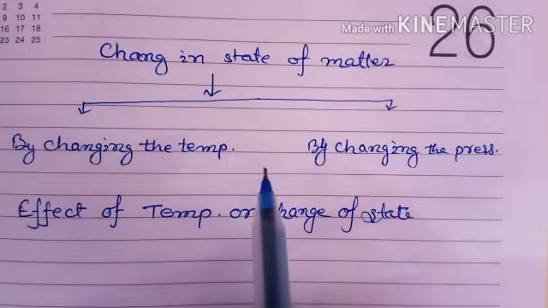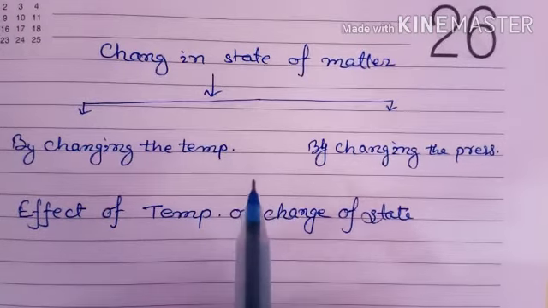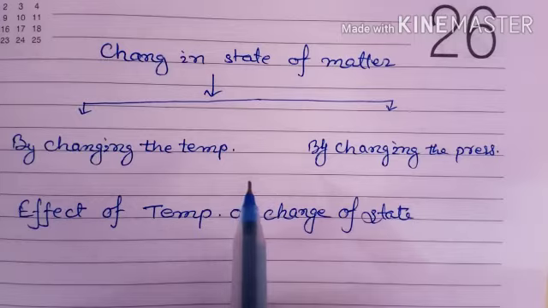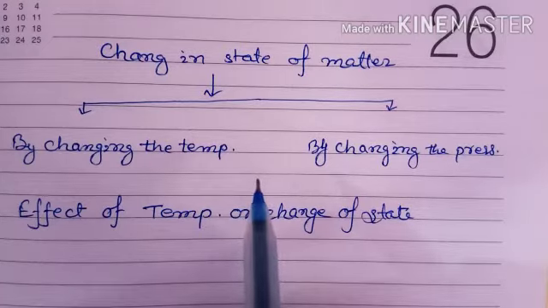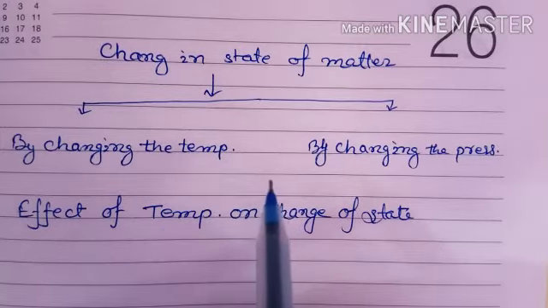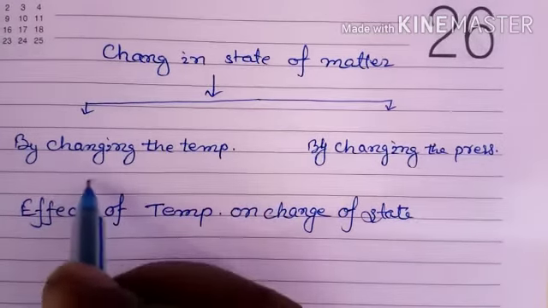One state of a substance can be converted into another by changing interparticle spaces, and thereby changing the interparticle forces of attraction. One thing, the process can be reversed also under suitable conditions.